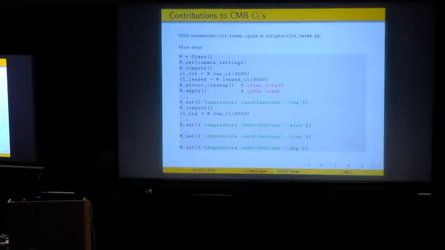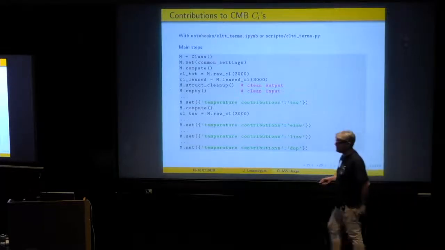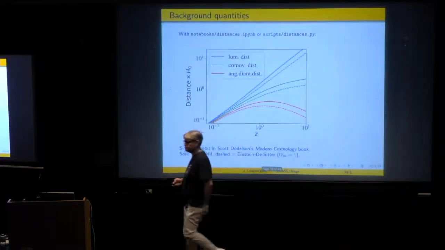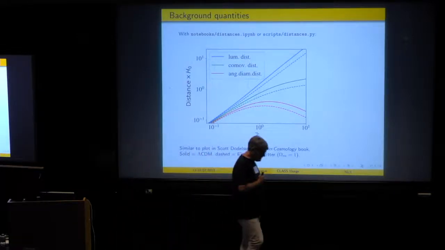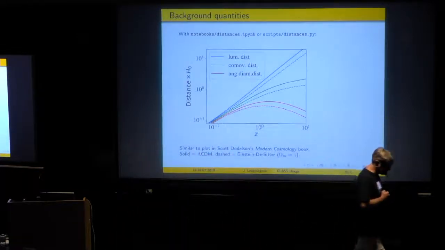Okay? Now let me go to another example. We have shown examples only with CLs and pK. There are not only CLs and pK in life. There are background quantities, thermodynamical quantities, transfer functions, etc. So here, let's assume that we want to reproduce a plot from the book of Scott Dodelson on modern cosmology.